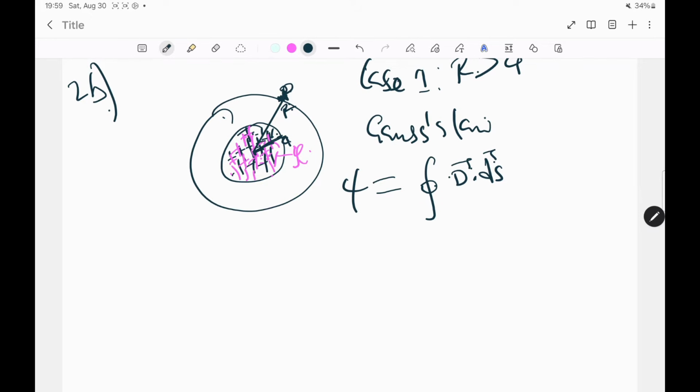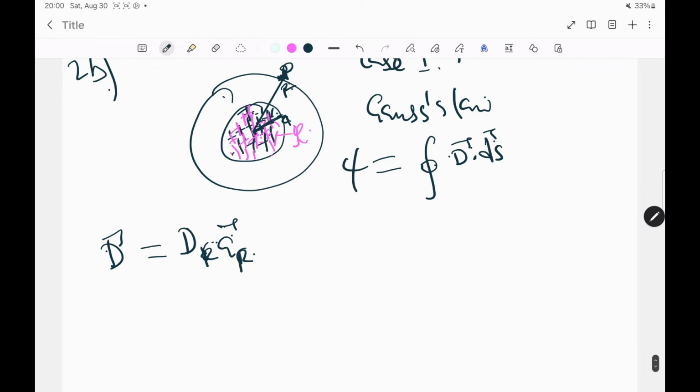In that sense, the electric flux density consists of only the components of the electric flux which are normal to the surface of the sphere. So we can write the electric flux density as equal to the magnitude times the unit vector, which is normal to the surface.